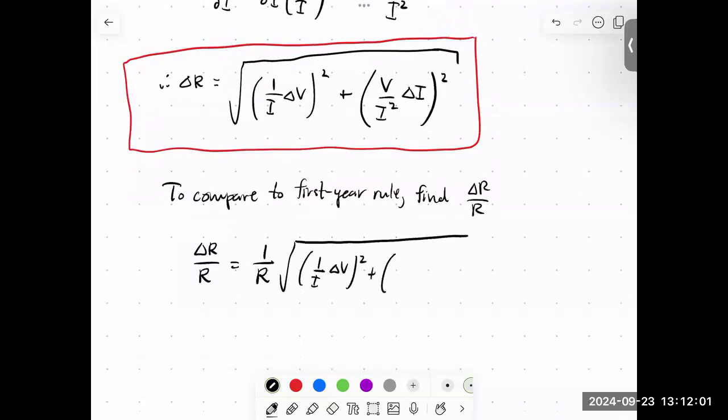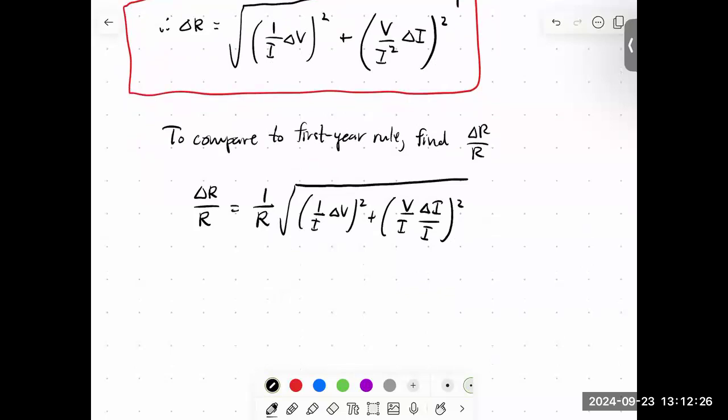For the second term, I'll do one little thing. I have 2 factors of I here. I'll keep 1 over here, so I'll have a V over I, and then I'll take another factor of I, and I'll write it as delta I over I. Okay, so I'm going to write this as V over I delta I over I, right? That's the same thing.